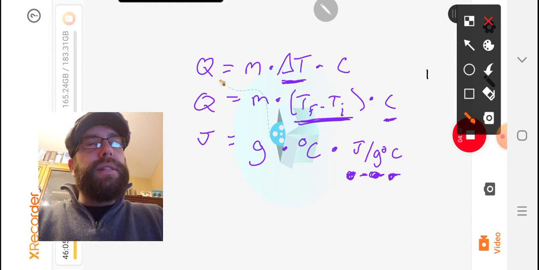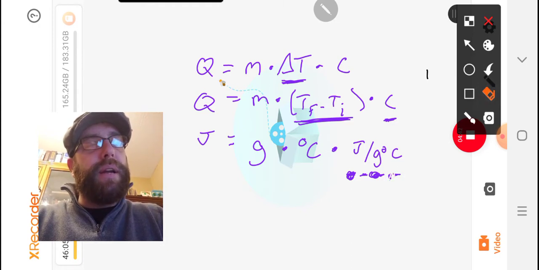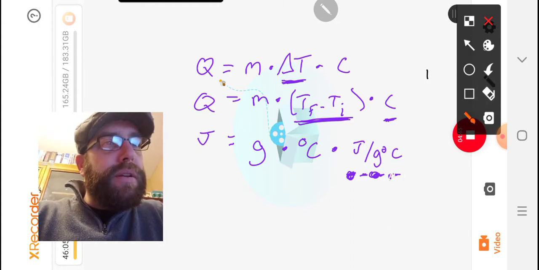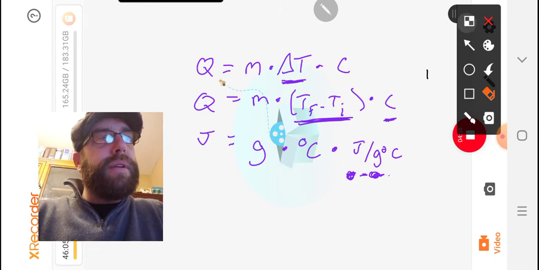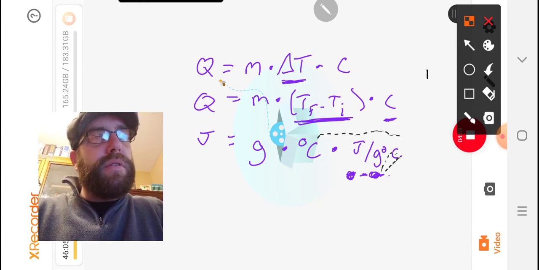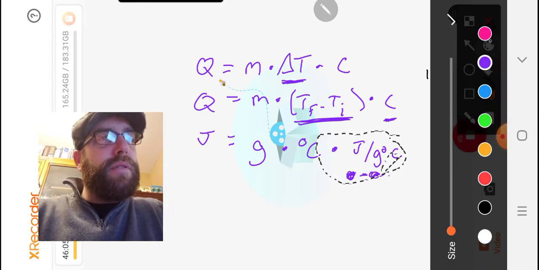Okay, so let's look at your first problem. I'm going to erase this bottom part here. It's going to take me a minute to erase. Let me try something else. There we go.